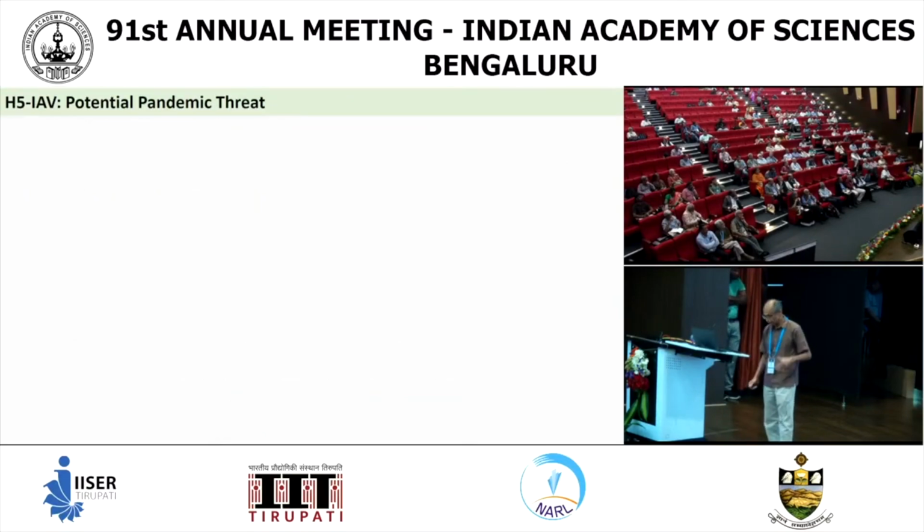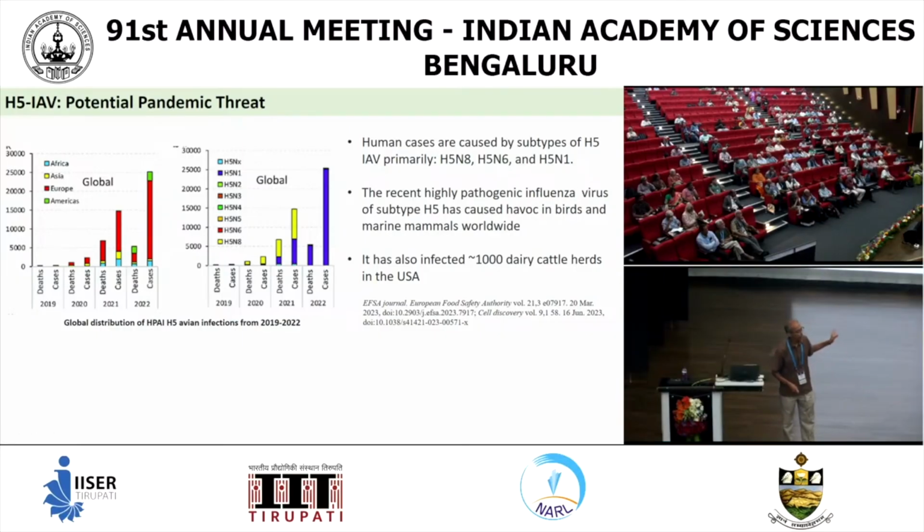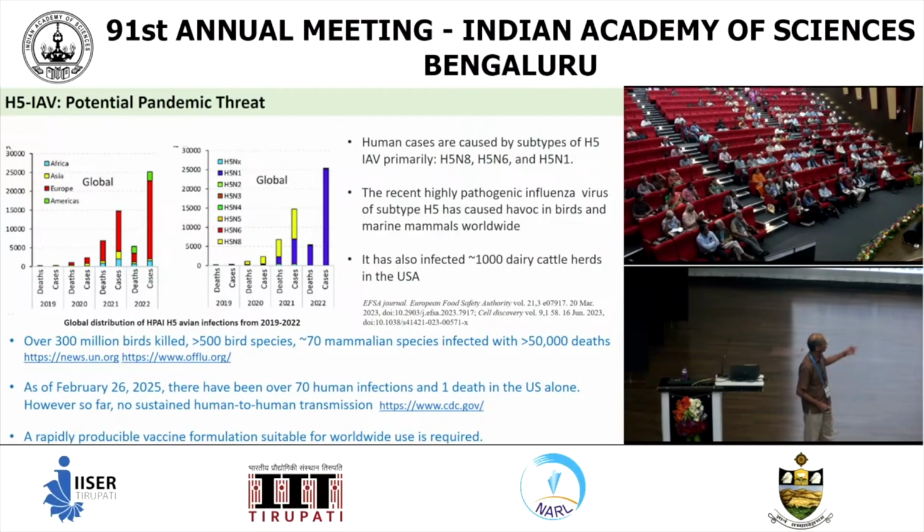So now just to come back to the H5 influenza virus, as I said, this is a potential for concern, and it's infected a large number of dairy cattle herds. Interestingly, only in the US, for some reason. In other dairy cattle herds in Europe and other places, we haven't found evidence that this virus has crossed over into the cattle. And when it goes into the cattle, it goes into the milk.